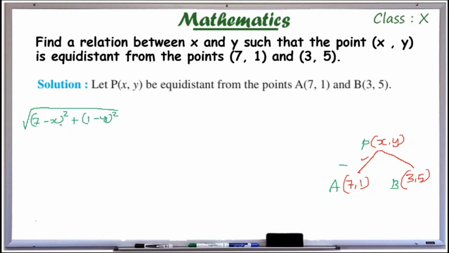So this is the distance between A and P, (7, 1) and (x, y), which is equal to the other side. The other side is the square root of (3 minus x) square plus (5 minus y) square.